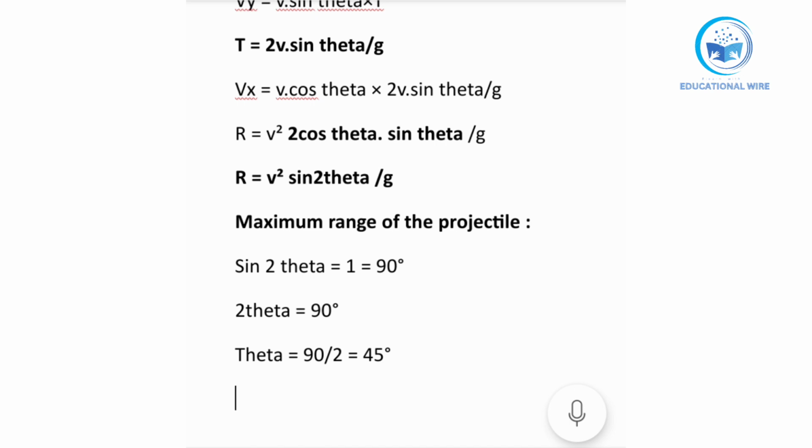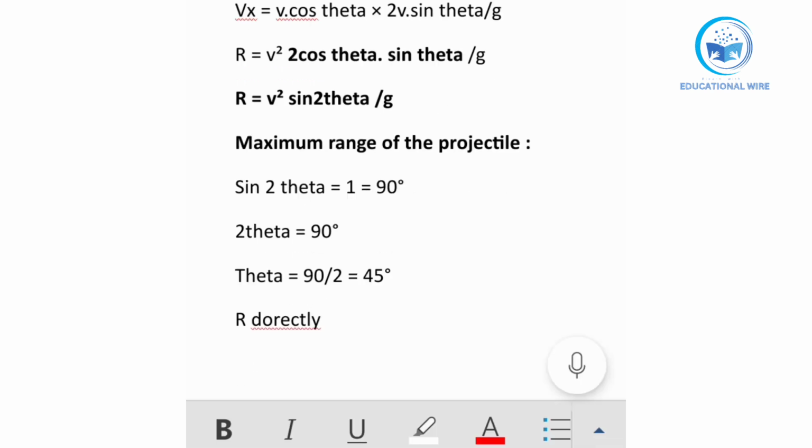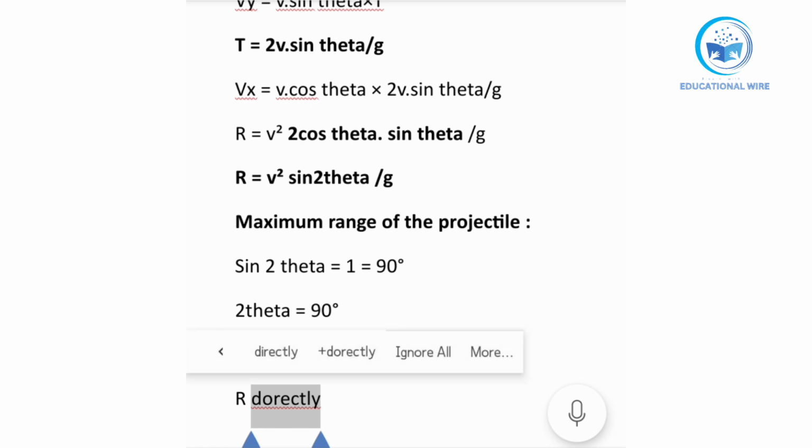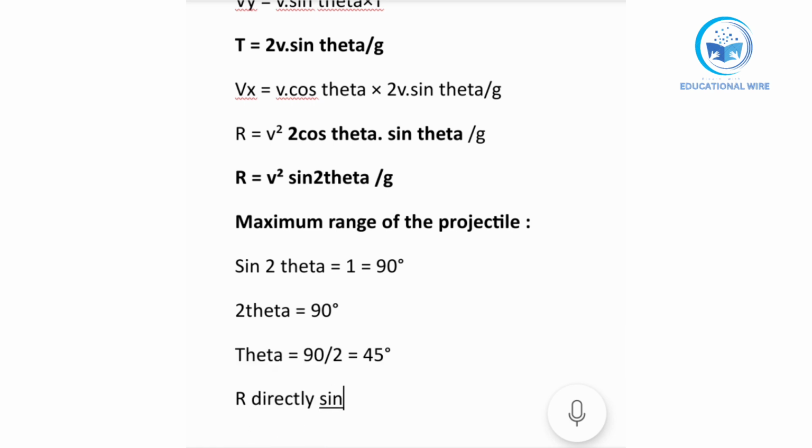Okay, after that we have to make the formula of this. So we already know that r is directly proportional, means range is directly proportional to sine 2 theta.